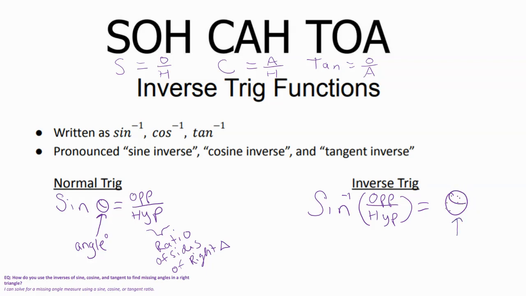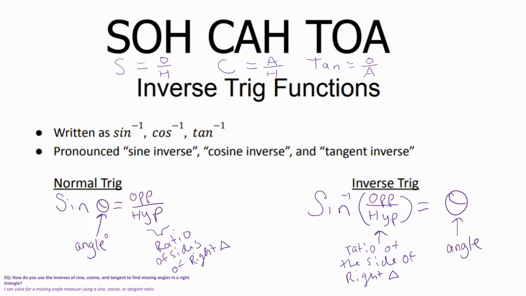So how do we find our angle degrees? You would have to do the sine inverse of whatever the opposite side over the hypotenuse side. So that's your ratio of the sides of a right triangle.